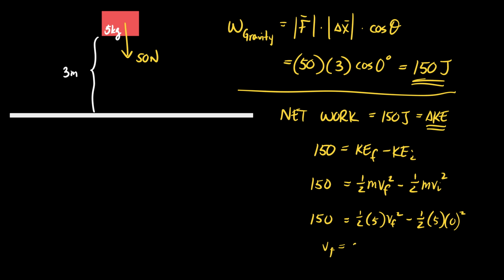Now, I don't want to belabor this. It's not going very fast or anything. But this is how you'd use energy and work to figure out the same thing we did with the motion equation.